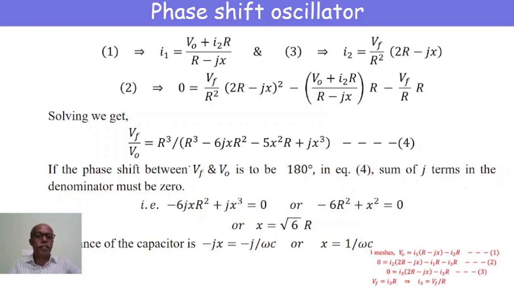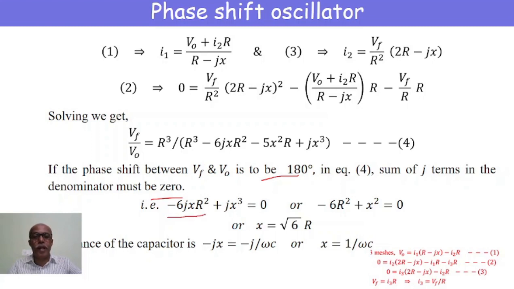If the phase shift between Vf and V0, the feedback voltage and the output voltage, is to be 180 degrees, then in equation 4 the sum of j terms in the denominator should become equal to 0, in order to have a phase difference of 180 degrees between the feedback and the output.